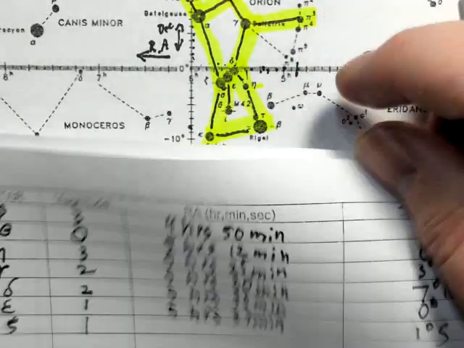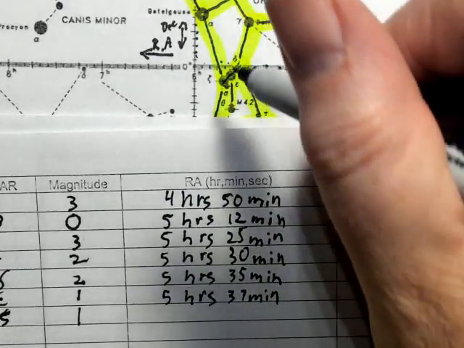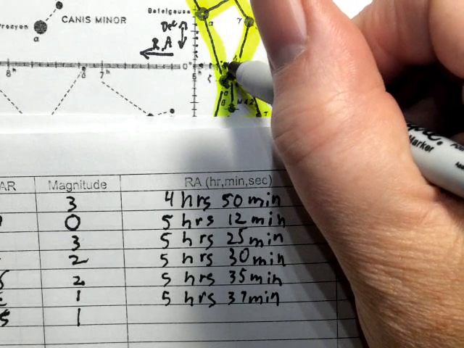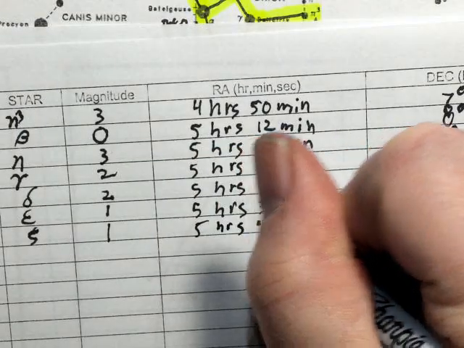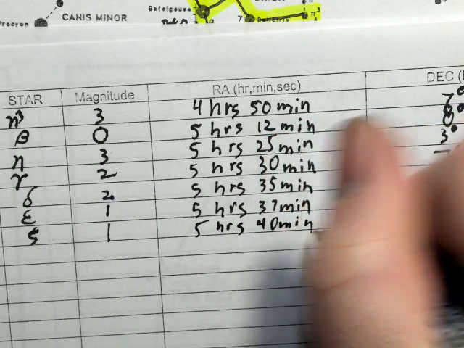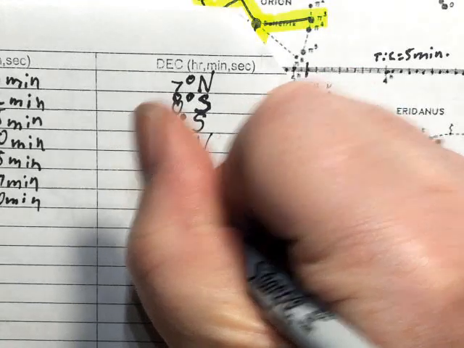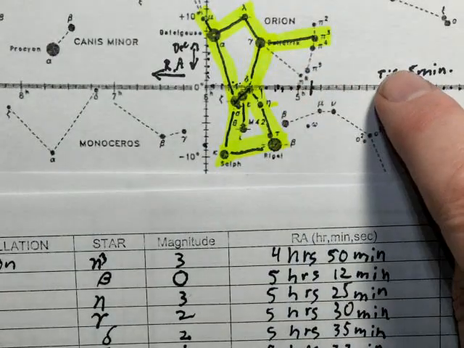And then the third one in the belt chain, zeta, 55, 50, 45, 40. I'll call that 5 hours, 40 minutes, and it's about 2 degrees south. So that is basically the right half of the body.